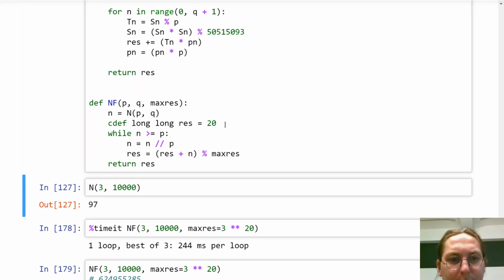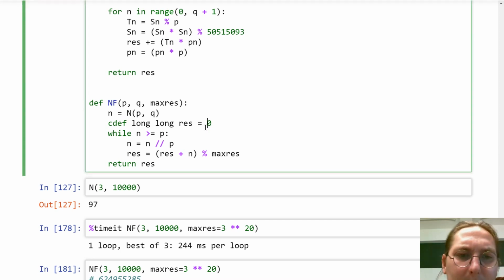But this will of course change the result. Why not? Of course it will. How could it not? It will be 20 larger. This will be 305.